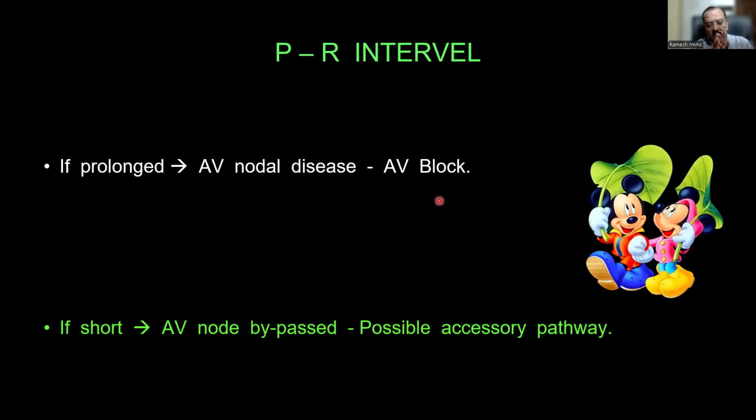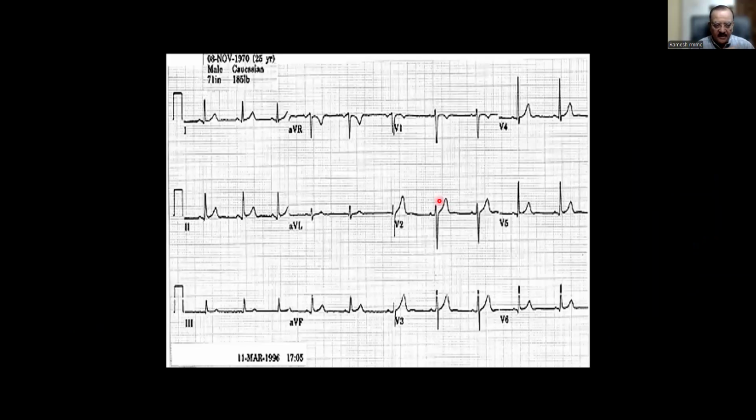Suppose there is no delay at all, the P wave immediately followed by a QRS without a PR segment. That means there is some other pathway through which the impulse is traveling straight from the atrium to the ventricle. That is called an abnormal accessory pathway, an extra pathway which some people have. The typical example is WPW syndrome, Wolff-Parkinson-White, with the delta wave. Exactly. Absolutely correct.